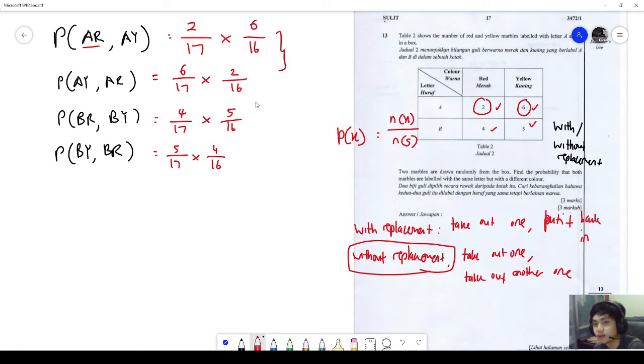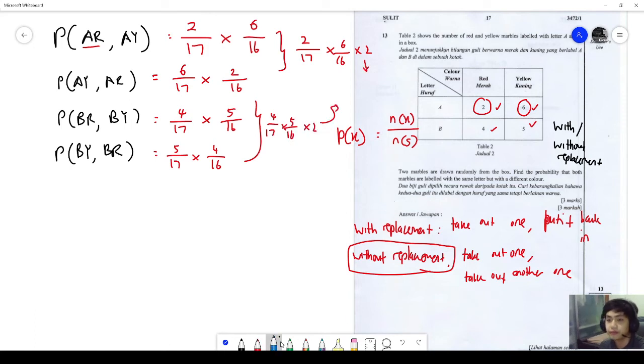And notice that these two are actually the same value, because 5 times 4, 4 times 5 is the same thing, right? So in other words, we can make the calculation simpler by just taking 2 over 17 times 6 over 16 times 2, and 4 over 17 times 5 over 16 times 2. So the values for these two are 3 over 34, and 5 over 34.